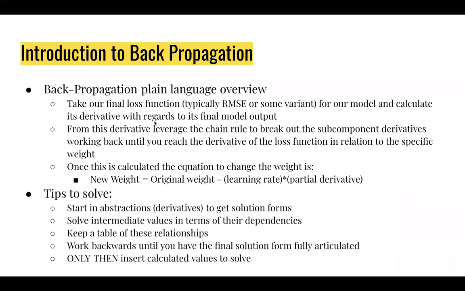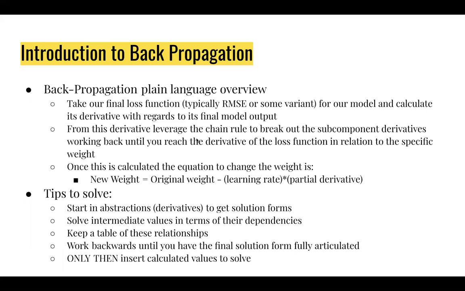So again, plain language for back propagation: you're going to take your final loss function. Typically it might be like ROC or some kind of variant, and then you calculate its derivative with regards to the final model output.